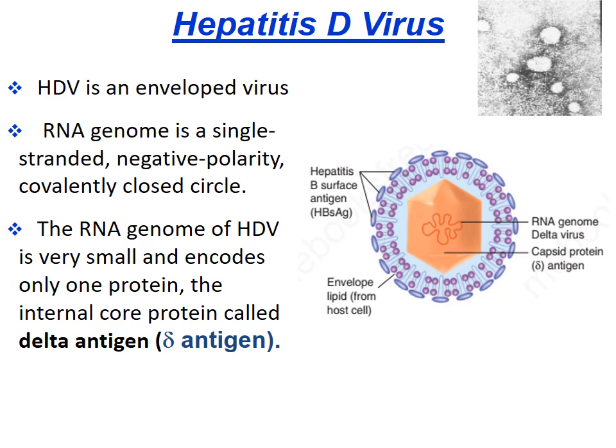So you can see in this structure, the outside blue colored surface antigens are actually the hepatitis B surface antigens.